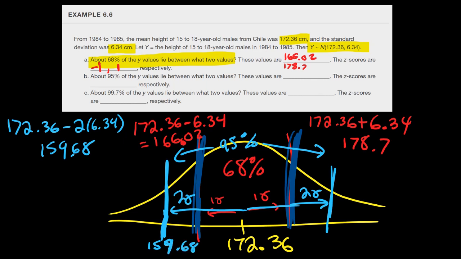Next, to find the upper limit, take the mean, 172.36, and add on 2 times 6.34, and you get 185.04.